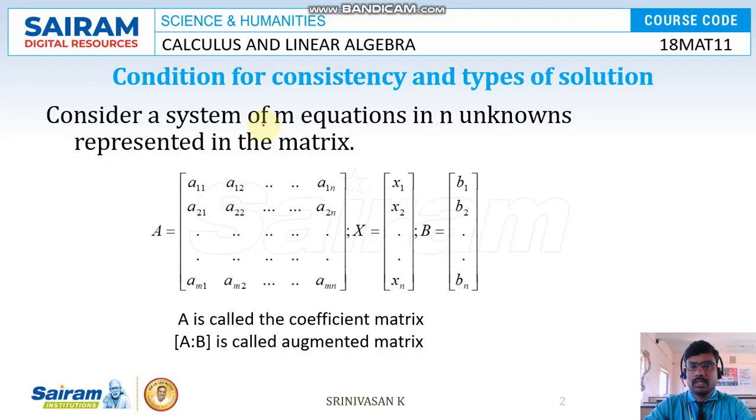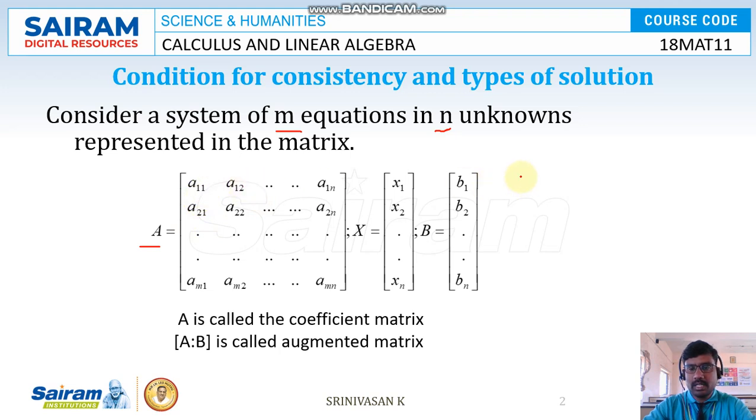So, condition for consistency and type of solution. We have to consider a system of m equations and n unknowns represented in this matrix. See the matrix. This is the A matrix, and the A matrix is nothing but the coefficient matrix.